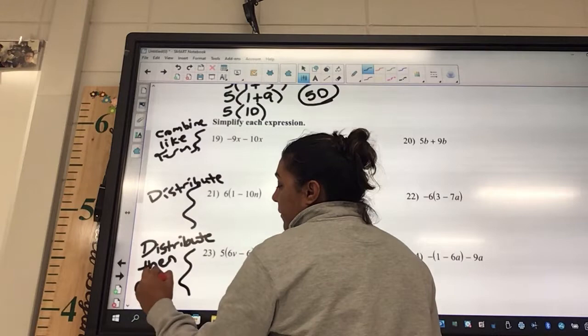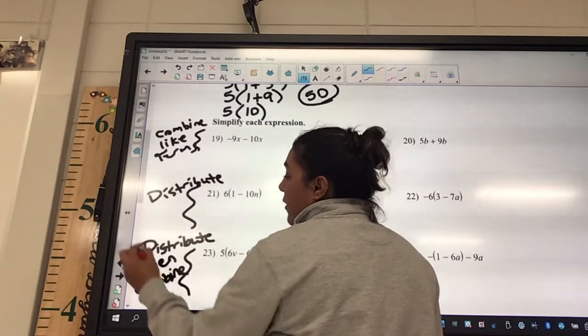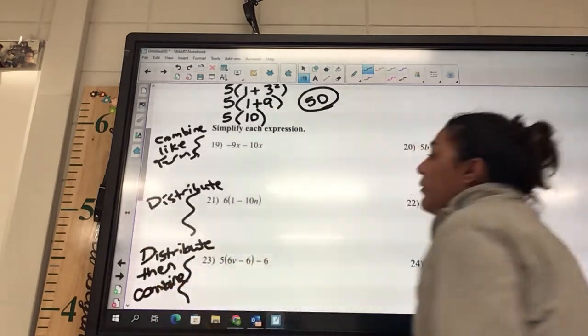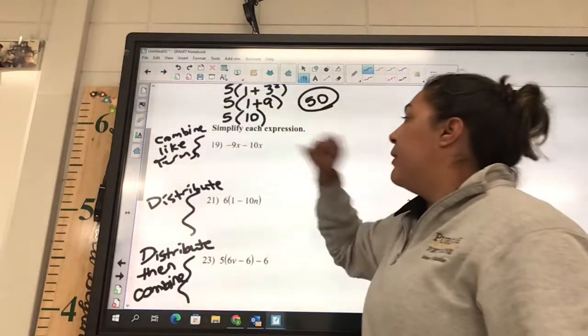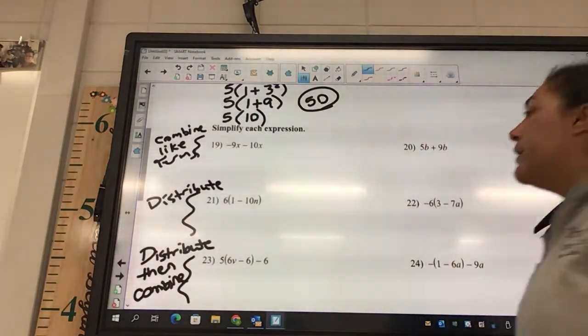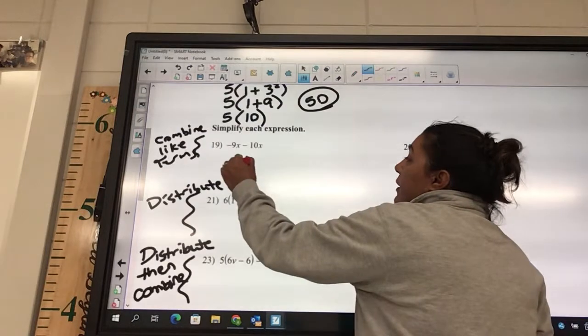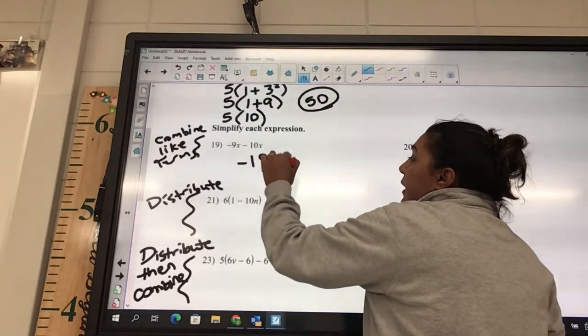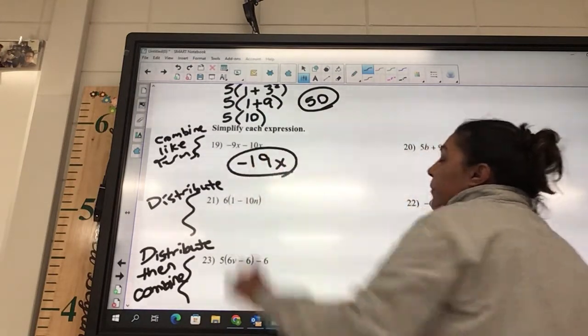Okay, so if we look at this, you see they both have a last name of X, so I got negative 9 minus 10 is going to be negative 19X, and this one's done.